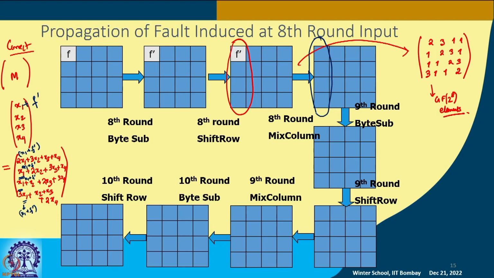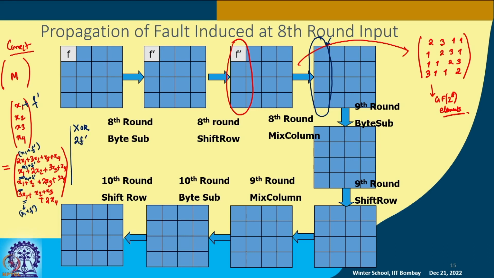So if I do it, it's not very difficult to verify that you will find that this fault propagates to this entire column. If you calculate the differential at this point, that means the XOR output at this stage, I can write this down as 2f dash, because the others will get cancelled out.